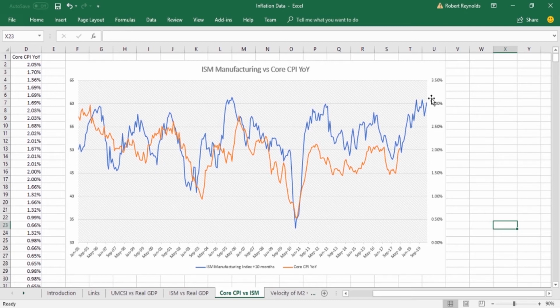So if we're looking at core CPI, and core CPI is expected to continue rising above 3% over the next 10 months, we should expect that all those goods and services that consume copper, such as your iPhone, such as your cars, the wiring in your house, any conductive metal consumer product, should begin to rise over the next 10 months. And so we can begin to allocate capital just based on this chart alone. So this is 10 months into the future.